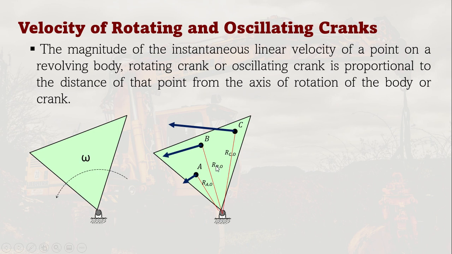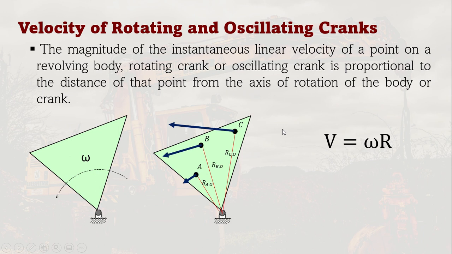So this illustrates that the linear velocity is proportional to its distance from the axis of rotation, and they are perpendicular with respect to the line joining the axis of rotation and the point, as you can see here. Those are perpendicular.